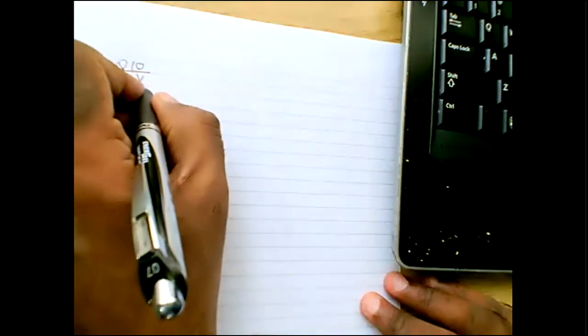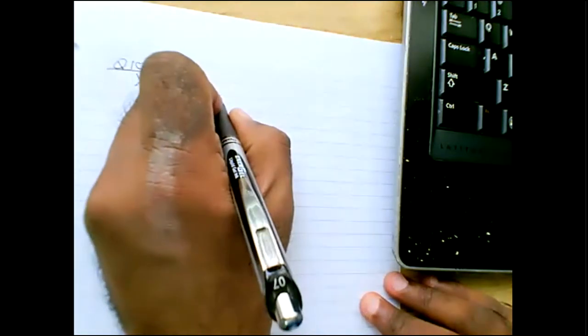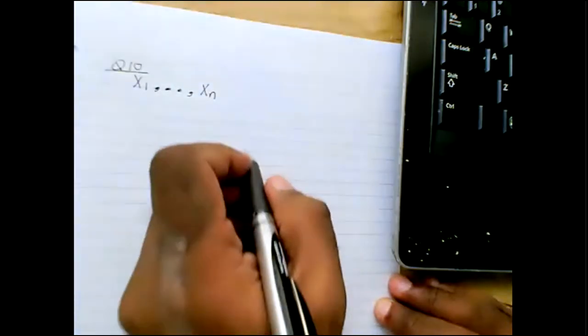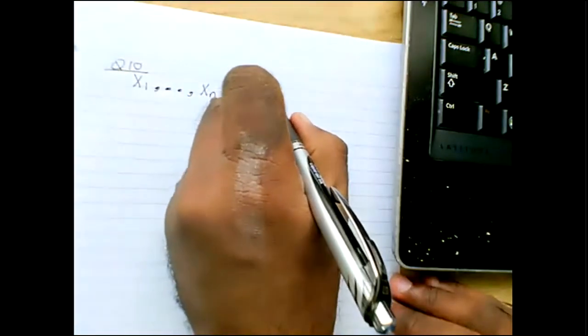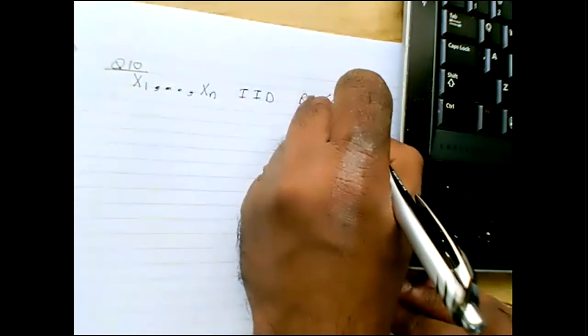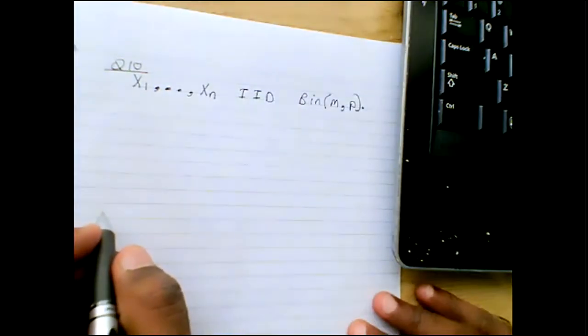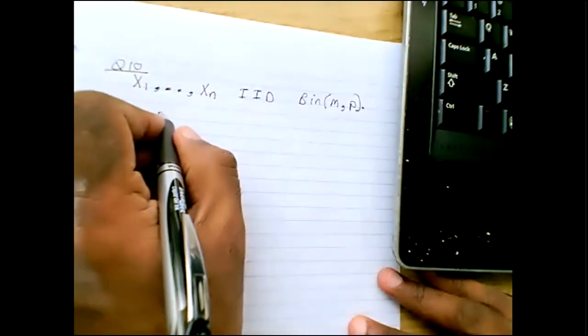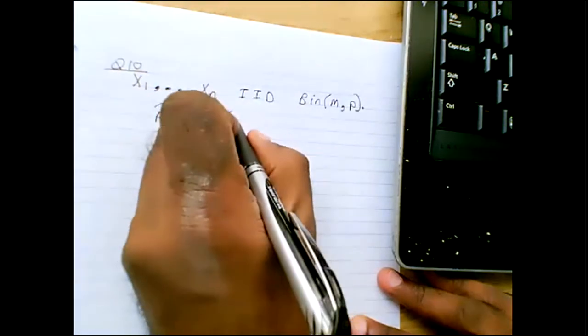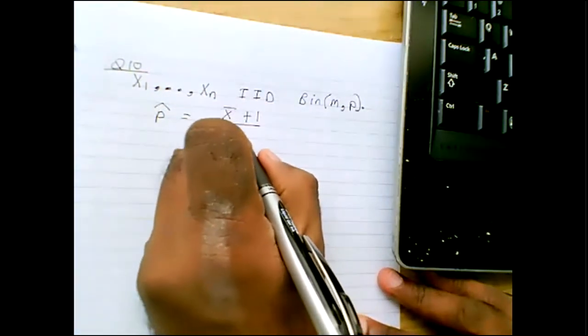So basically, the question says the following: you have n data points which are IID with binomial distribution with these parameters m and p. You are given this estimator p hat, which is x bar plus 1 divided by n plus 2.